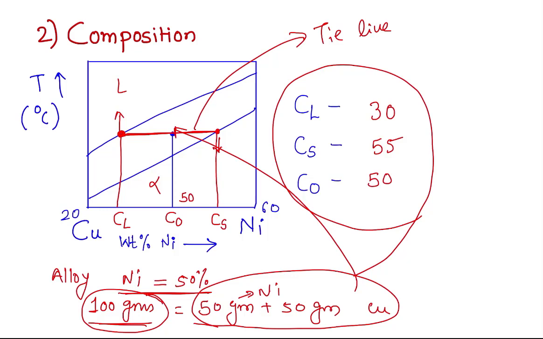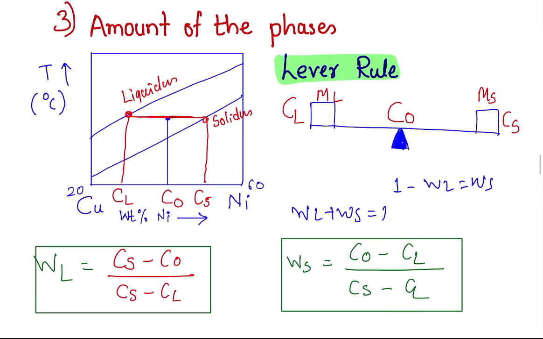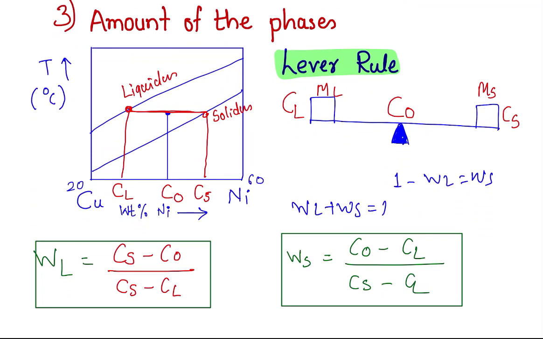This is the composition of the given alloy. From this composition, we can find out the weight% or the amount of phases. Amount of phases means in this liquid how much is the nickel and how much is the copper. That we can find out by amount. So the third is amount of the phases.